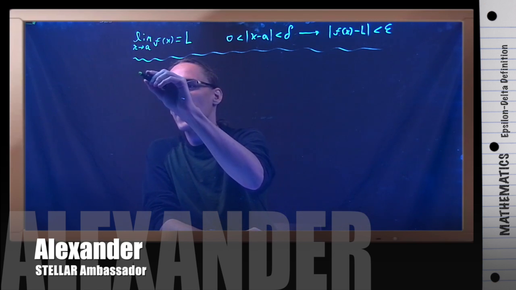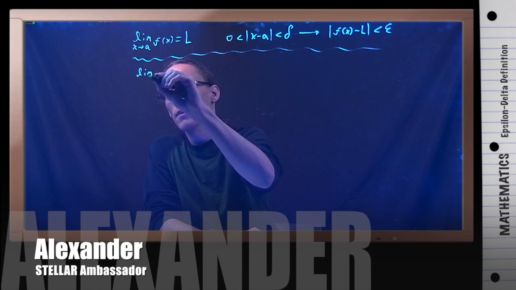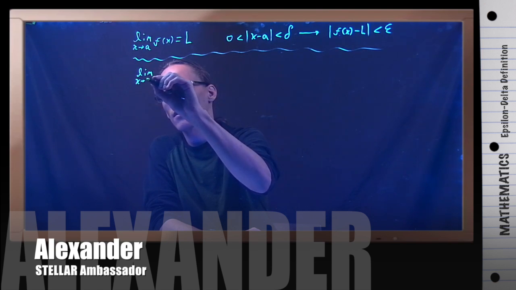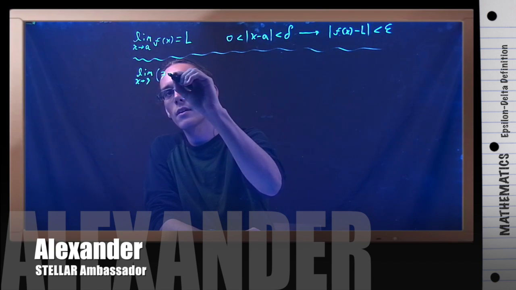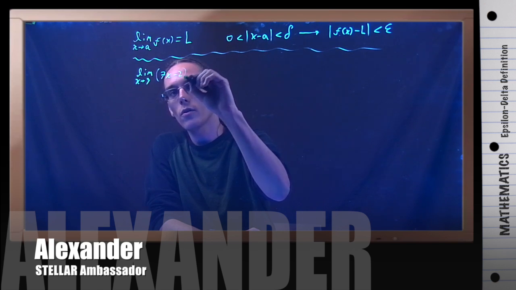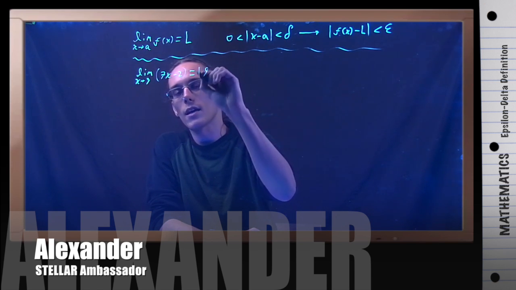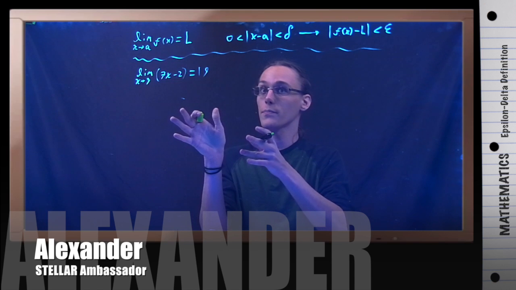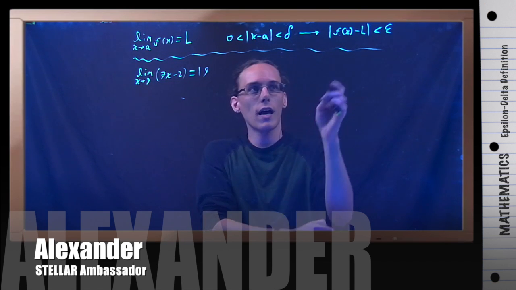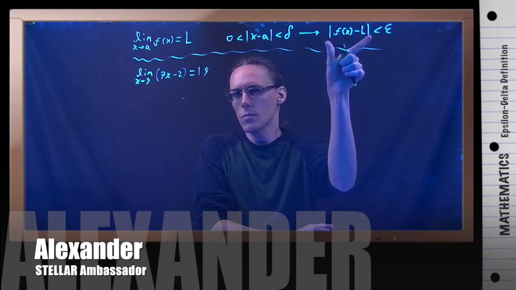So let's say we have the limit as x approaches 3 of 7x minus 2, and we say that that's equal to 19. And now we want to prove it. Well, first I'll look at this just to come up with some sort of idea of delta.